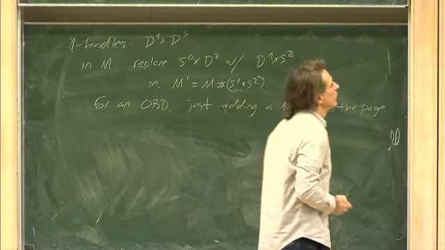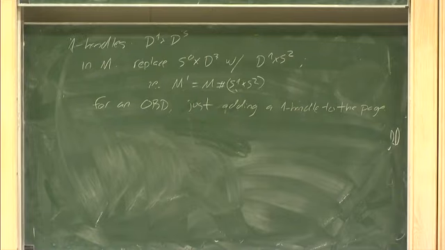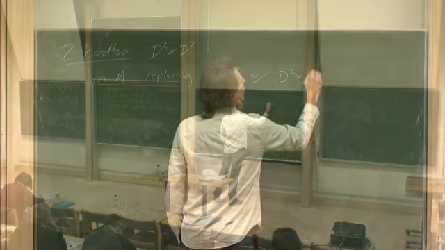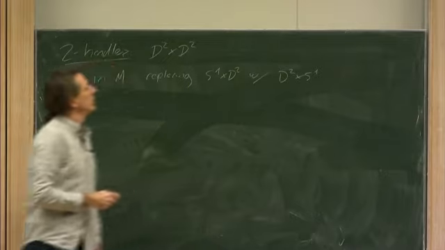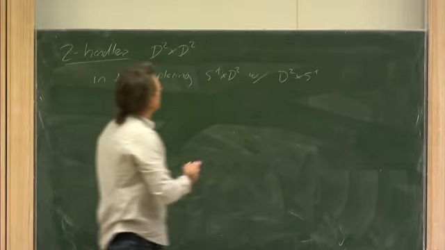We have a D2 cross D2, and then in the three-manifold, we're just replacing the boundary of this one cross this one, so an S1 cross D2, with, symmetrically, this one cross the boundary of this one, a D2 cross S1, with this framing gotten by this integer here, the Thurston-Bennequin number minus 1.